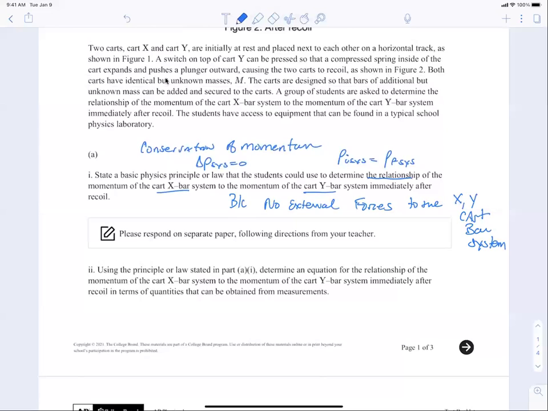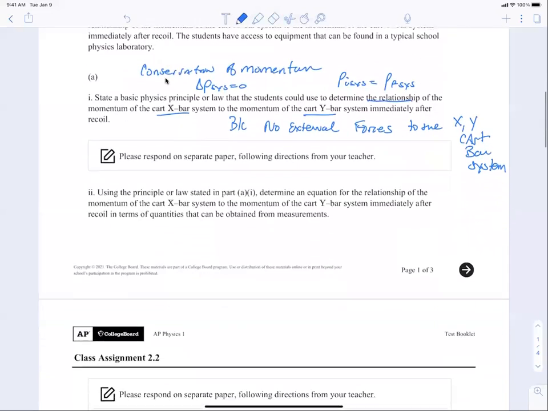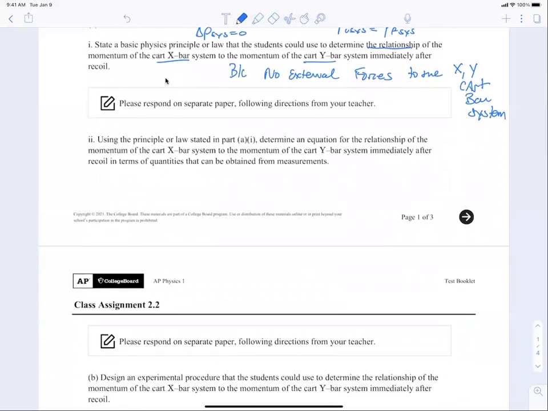Okay. All right. Using the principle or law stated in A, so now I'm doing double I, A-I, determine the equation for the relationship of the momentum of the cart X bar system to the momentum of the cart Y bar system immediately after the recoil in terms of quantities that can be obtained from measurements.